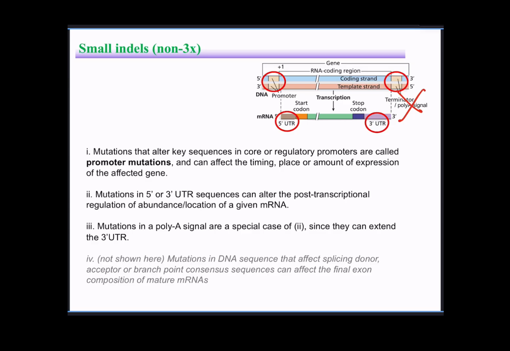So even though all of this happens outside of the coding region and will not affect the identity of the amino acids being stitched together in that protein, it still affects the expression of those genes simply by adding extra sequence to the 3' UTR. Is there a question there or no?